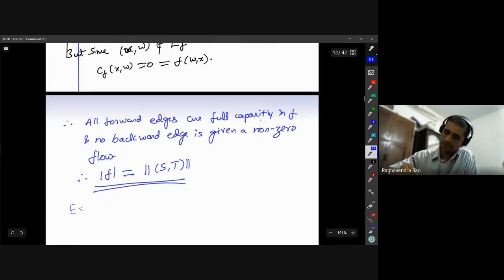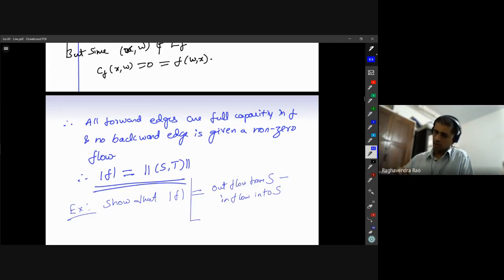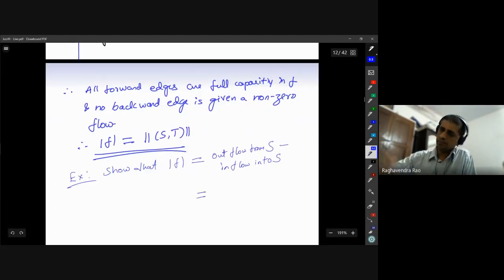Exercise: show that F is equal to the outflow from S minus the inflow into S, which, more technically, is equal to the sum over U in S, V not in S of F(UV), minus the sum over V in S, U not in S of F(UV).